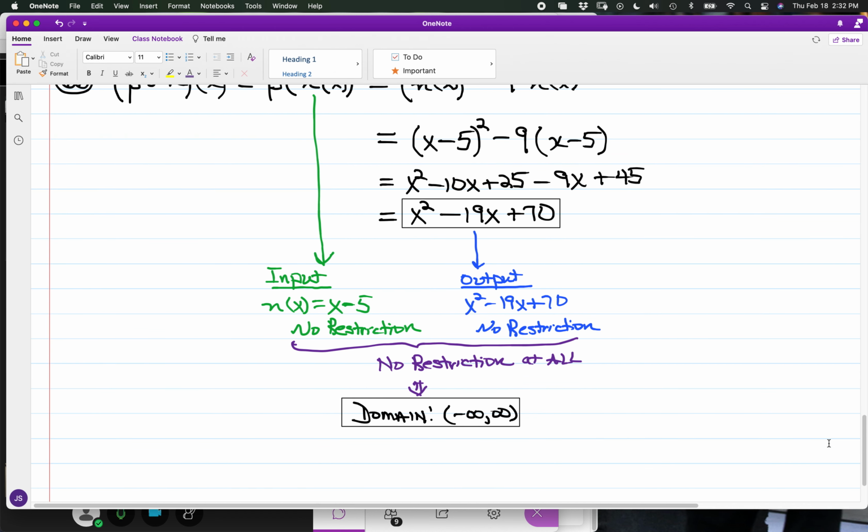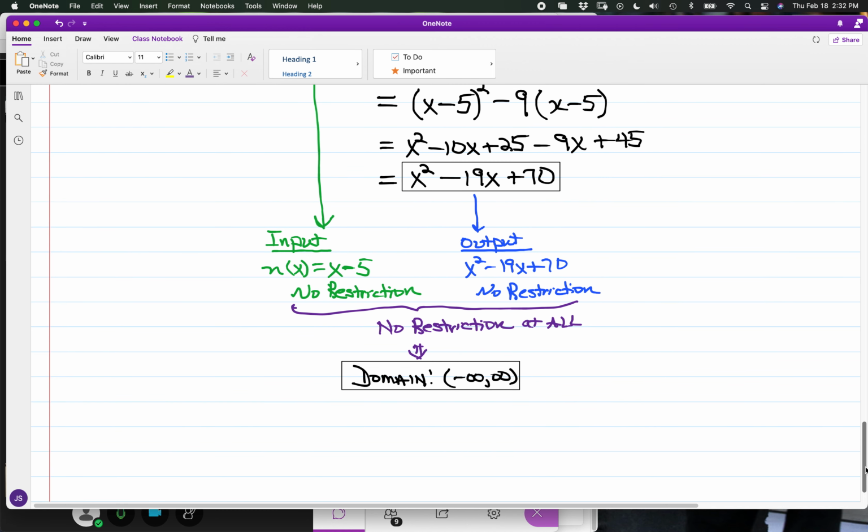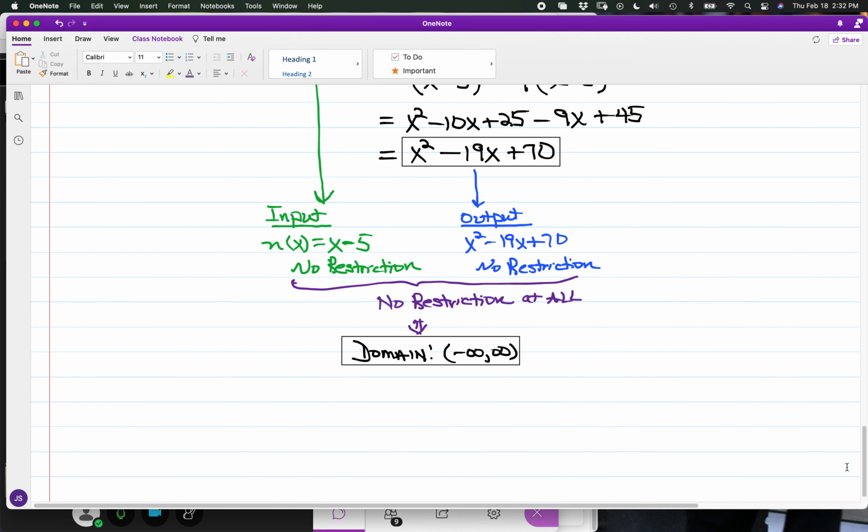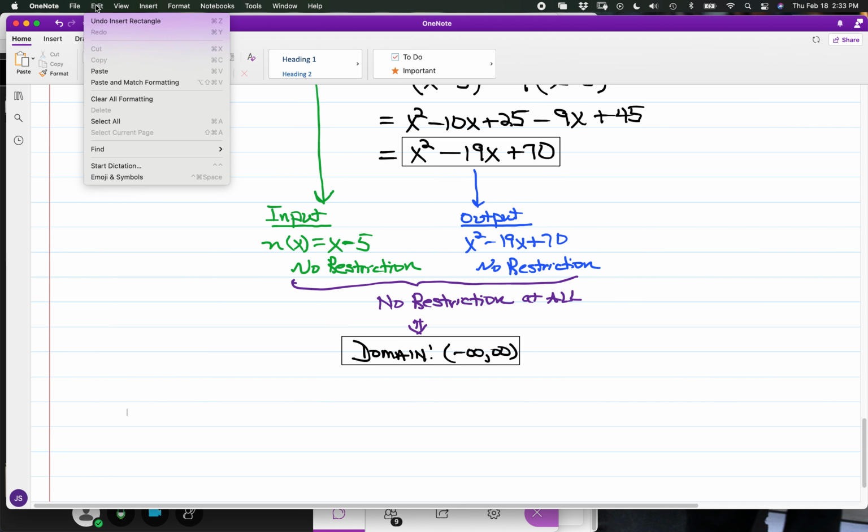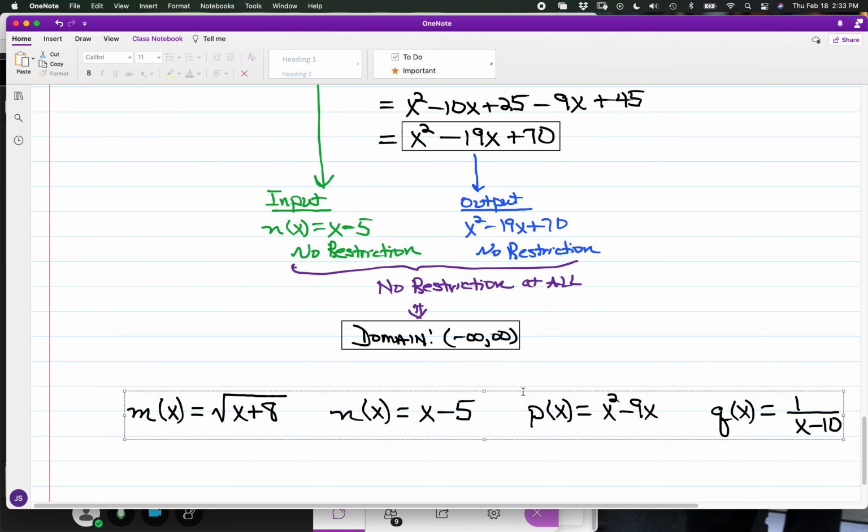All right. Now, in a little bit of a change up, we've been looking at the functions n and p. Now we're starting to pair up with what we have among the quartet of functions.